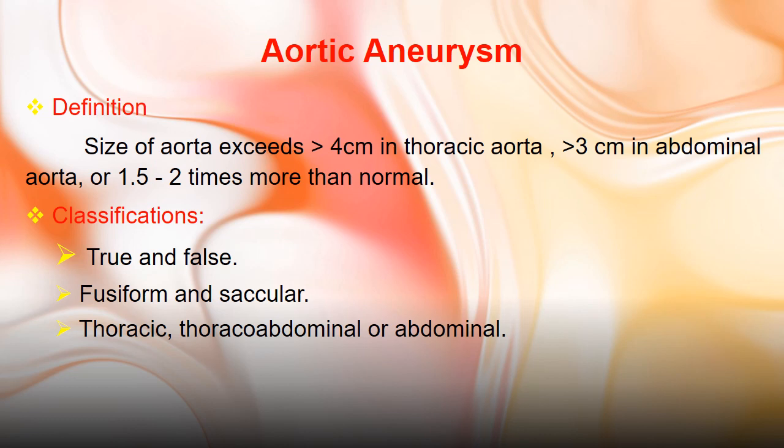We classify the types according to the morphology, the shape, the anatomy, and the etiology. According to the morphology, if the aneurysm is lined by the 3 layers of the aorta, this is a true aneurysm.